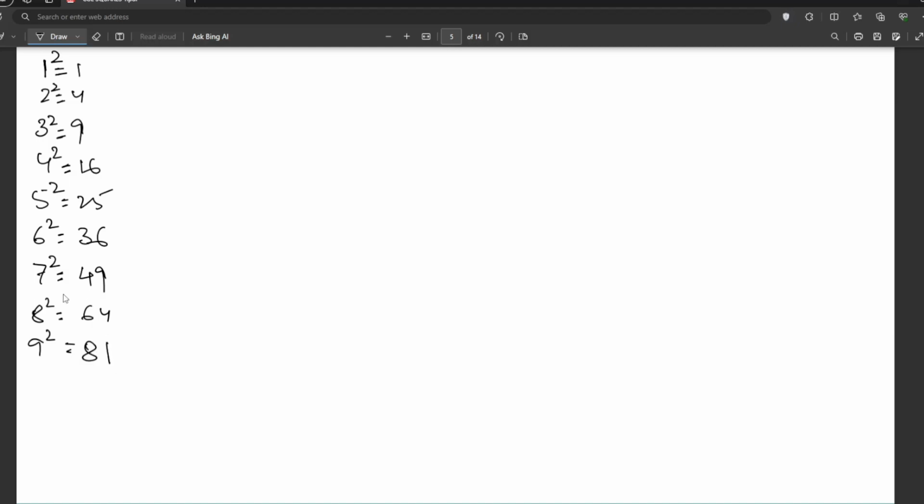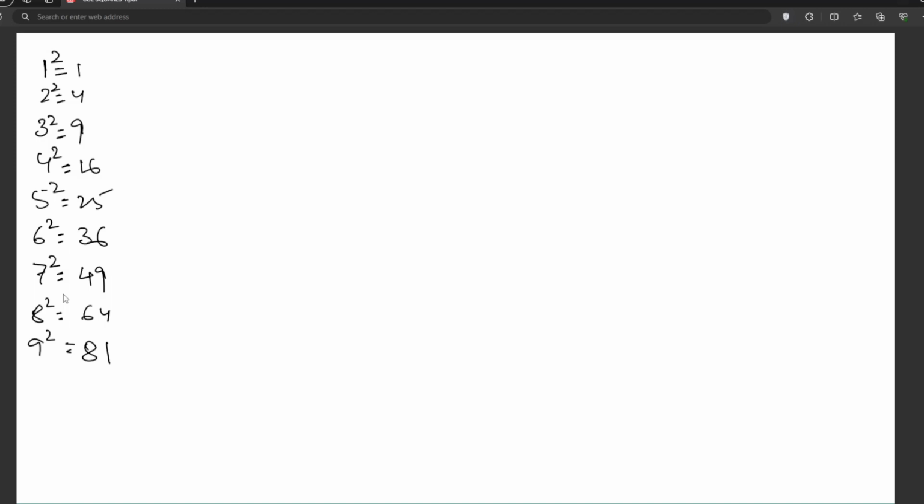These are the unit digits, and if we take these unit digits in a number and square them, we get these numbers as unit digits.